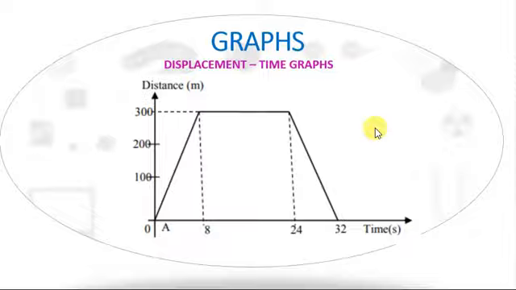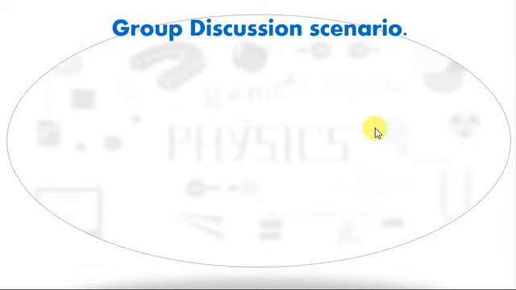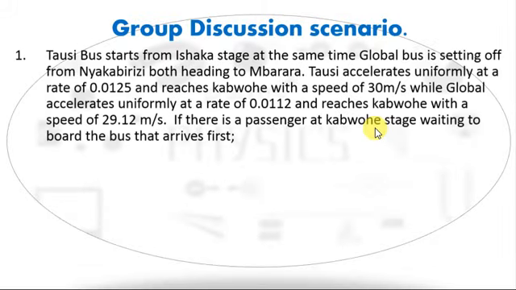I leave for you a group discussion scenario, and it goes like this. Tausi bus starts from Ishaka stage. At the same time, Global bus is setting off from Nyakabirizi, both heading to Mbarara.